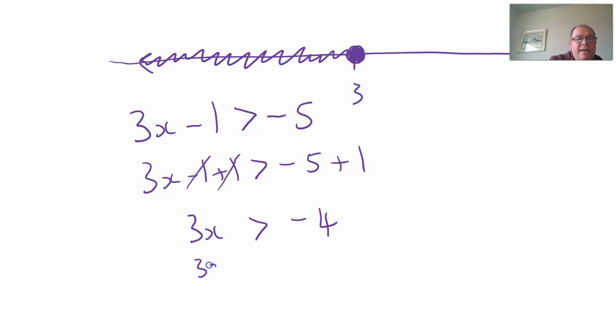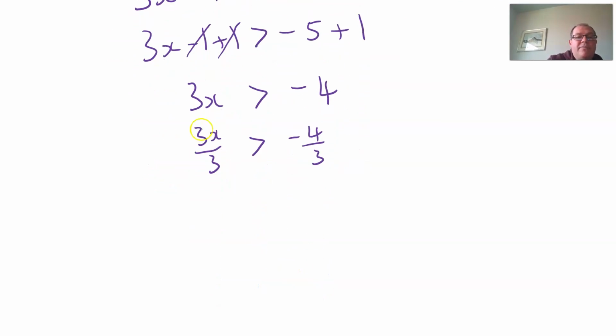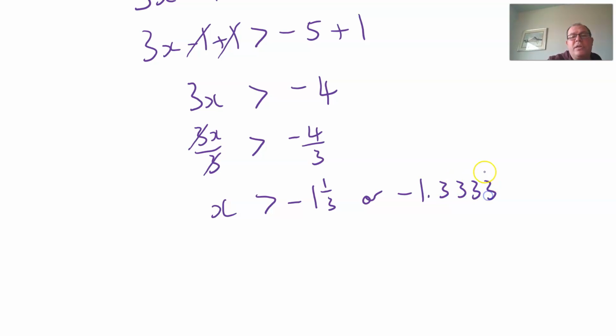So I'm going to divide the left-hand side by 3, and I'm going to divide the right-hand side by 3. Obviously 3 divided by 3 cancels, leaving me with the x. That's what I wanted. And minus 4/3 I'm going to write as minus 1 and 1/3. I could have written it as a decimal, minus 1.3333 recurring, however you show your recurring symbol, depending on what country you're in. But a fraction is actually nicer. So x is bigger than minus 1 and 1/3.